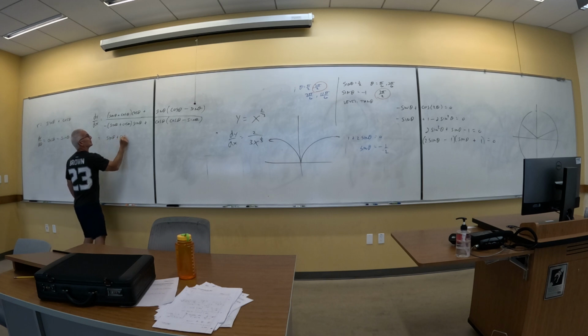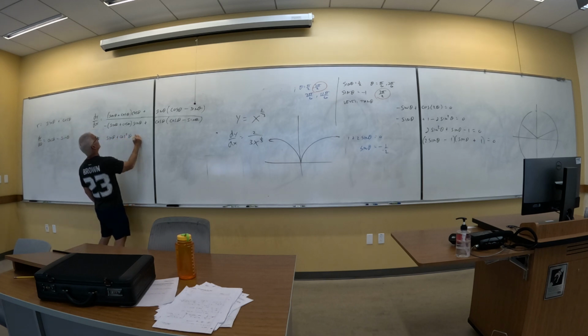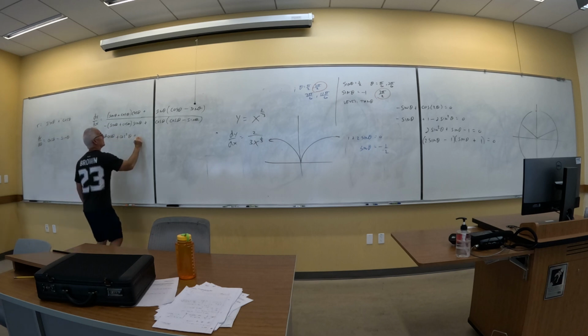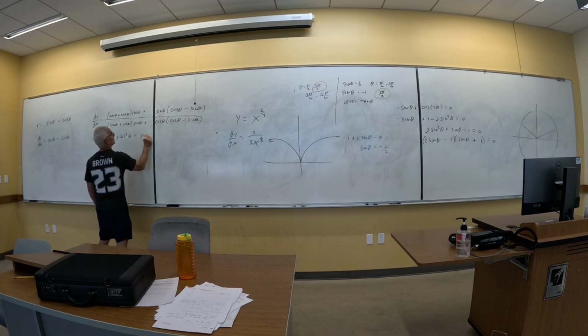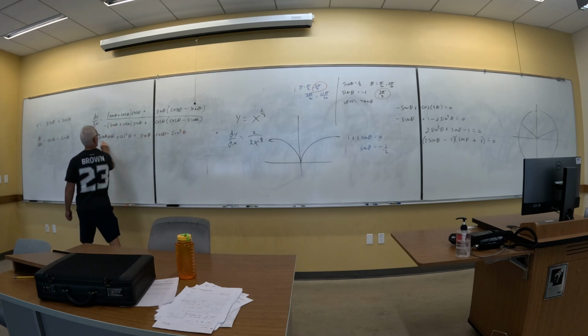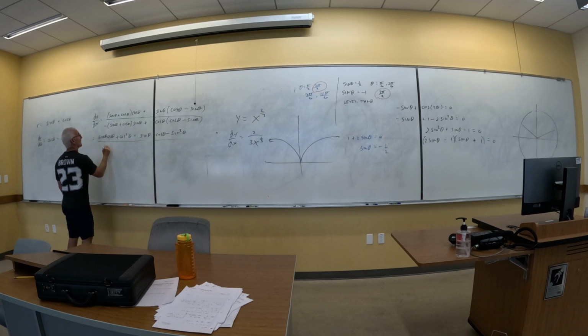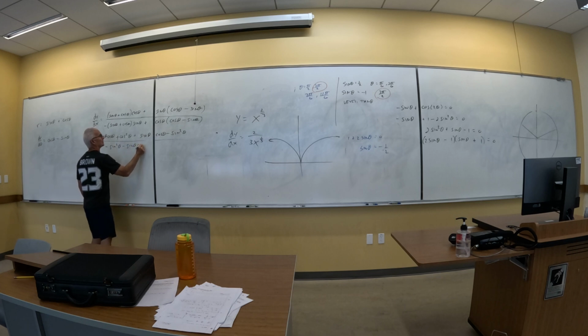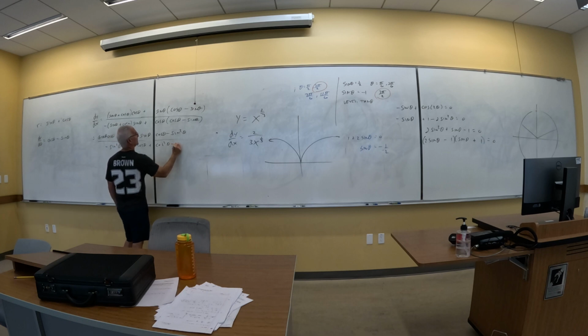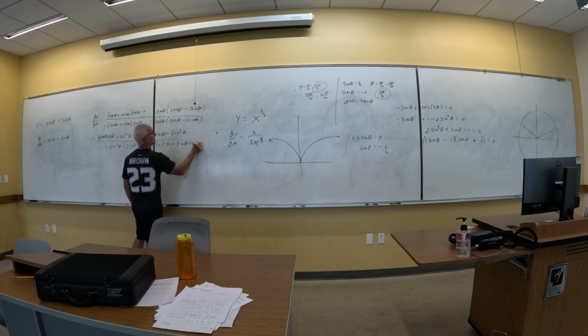Sine theta cos theta plus cos squared plus sine theta cos theta minus sine squared. On the bottom, I'm going to have negative sine squared theta, negative sine theta cos theta, plus cos squared theta minus sine theta cos theta.